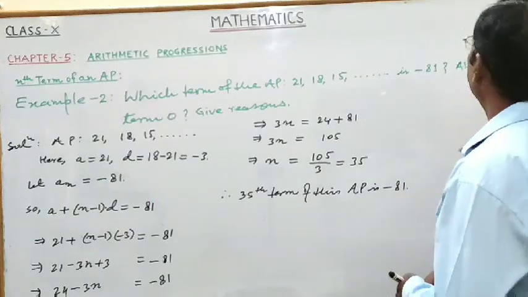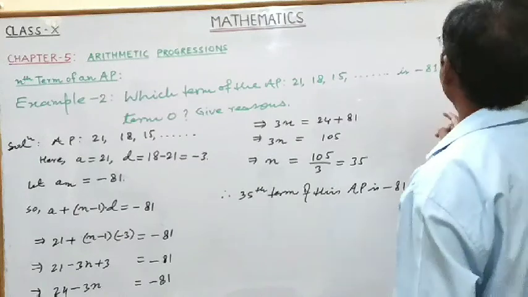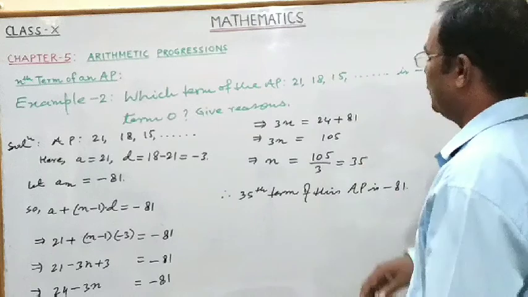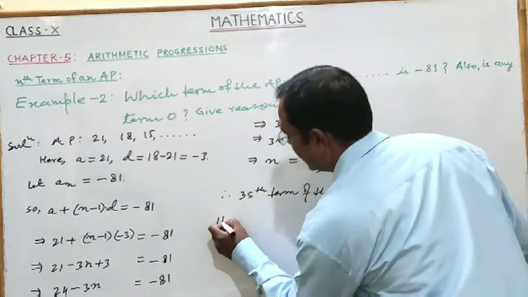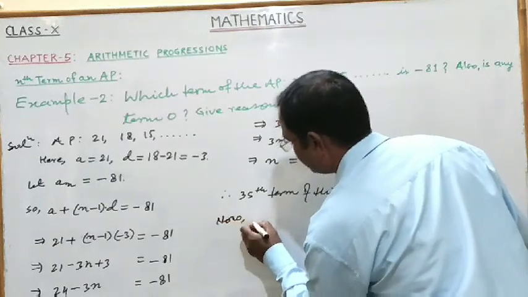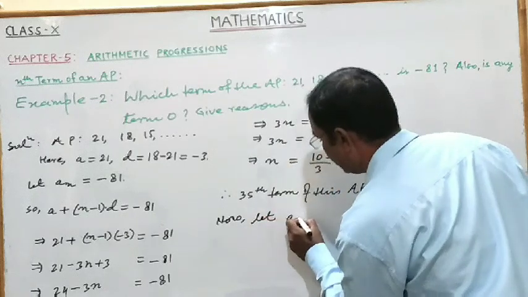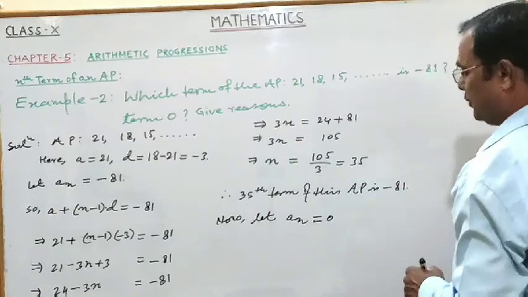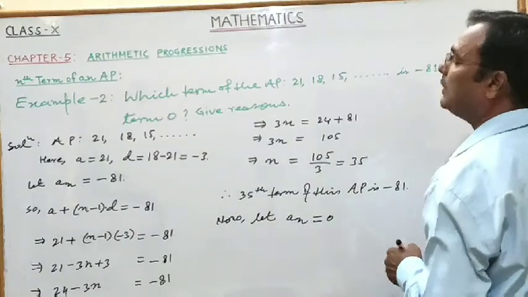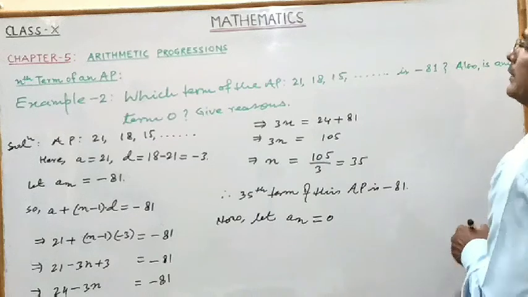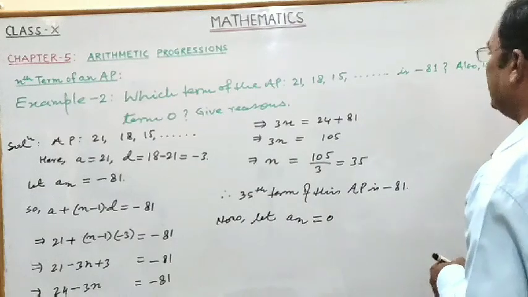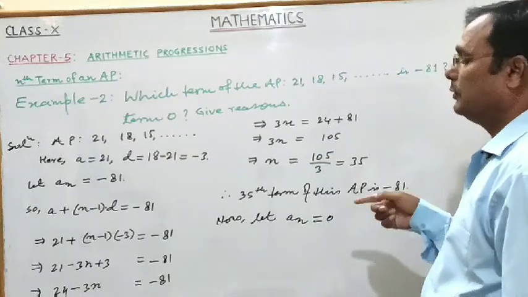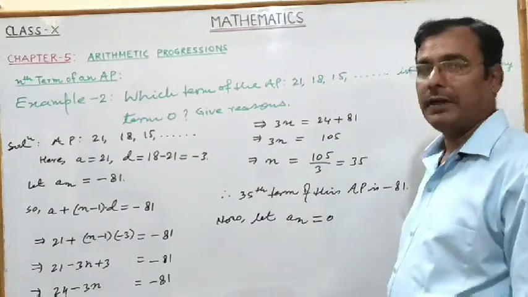So let us suppose once again that nth term of this arithmetic progression is 0, for which we will find the value of n. If 0 is a term in this arithmetic progression, then we will get a whole number value of n.